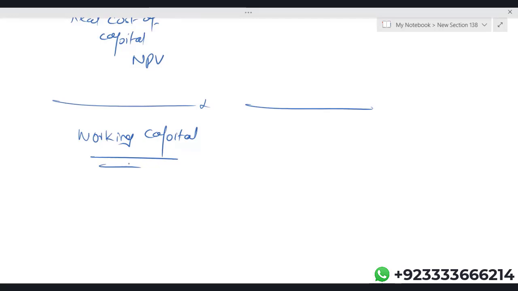A very simple meaning of working capital is current assets minus current liabilities. There is one assumption, and we solve all the questions of FM and even AFM according to that assumption. We assume that working capital can never be consumed.